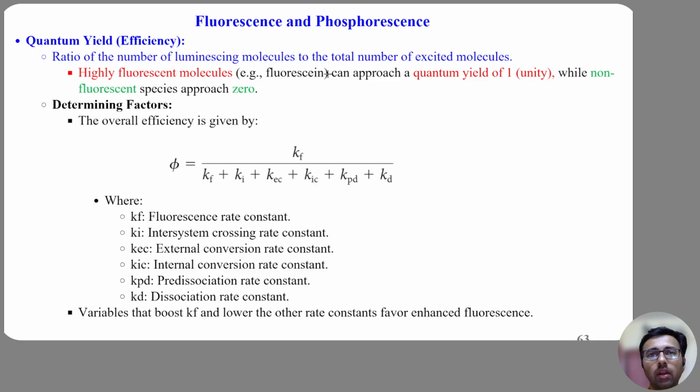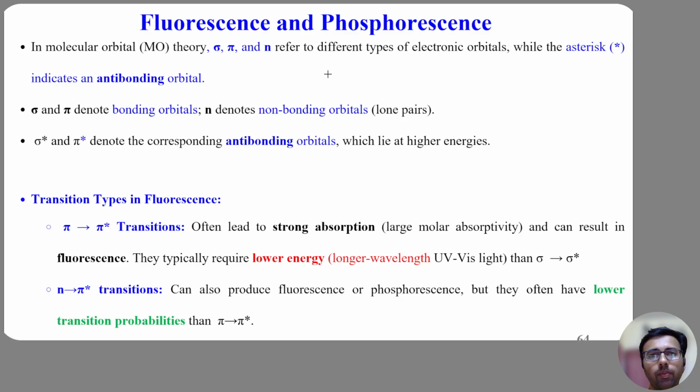The denominator represents all competing pathways, which includes Ki, that is intersystem crossing, Kec, that is external conversion, Kic, that is internal conversion, Kpd, that is pre-dissociation, and Kd, that is dissociation. From a physics perspective, any factor that increases Kf while reducing non-radiative rates will strongly enhance fluorescence.